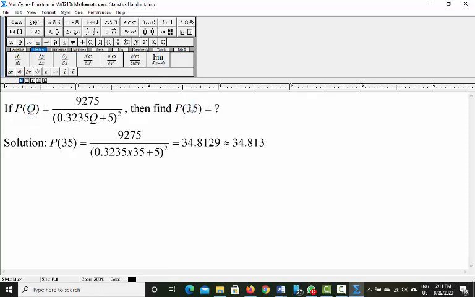What will be the value of the function if the value of Q is equal to 35? If you put the value of Q in the formula and calculate, you will see the value is 34.8129, right?